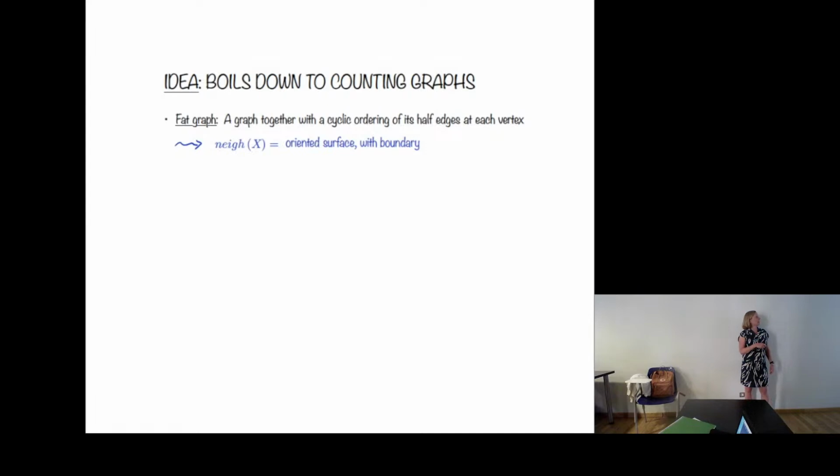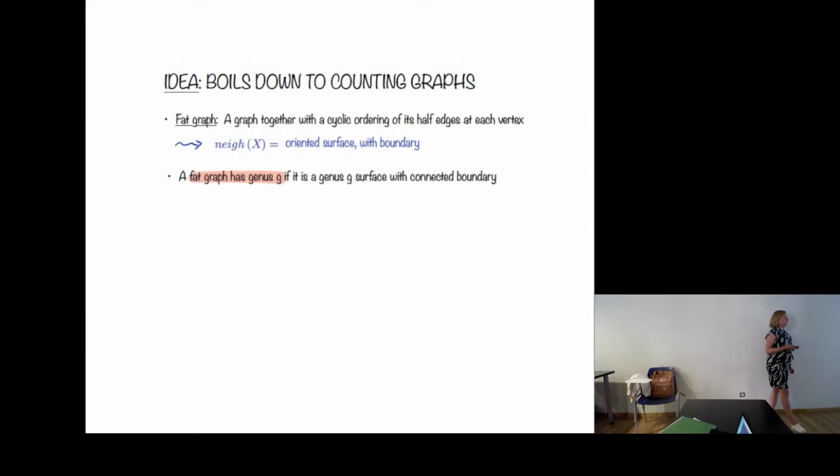I think of this as a graph together with a cyclic ordering at each vertex of the half edges there. And I'm going to say that a fat graph has genus G if the thickening of it is a genus G surface with just one boundary component. If there are more boundary components, it's not a genus G surface.